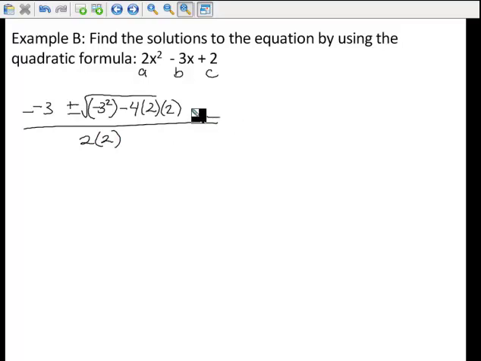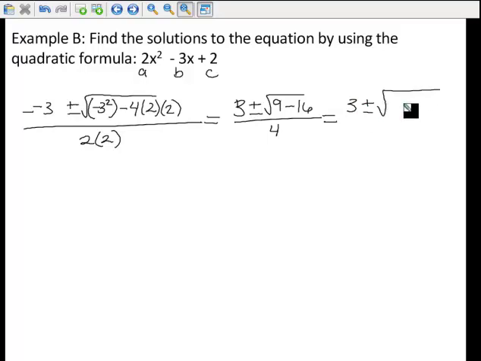So that's 3 plus or minus the square root of 9 minus 16, all over 4. And then we realize that 3 plus or minus the square root of negative 7 over 4 is what we reduced to. Now, if you remember from prior units, this is not okay.